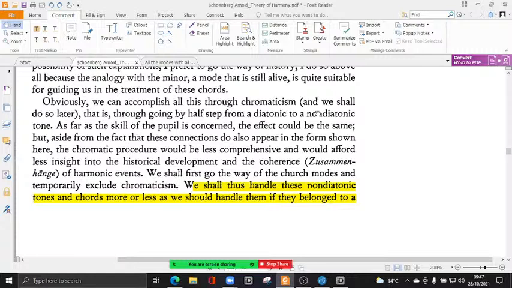So chromaticism, he says, is something different, which is more related to counterpoint, to combinations of lines which are chromatic, and that gives you a very particular texture. What he's doing is trying to find the explanation from harmony, and harmony alone. That is through going by step from diatonic to non-diatonic tone.